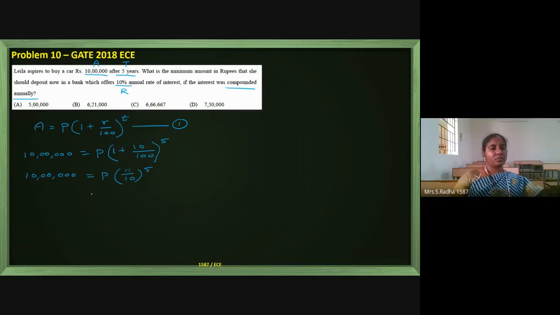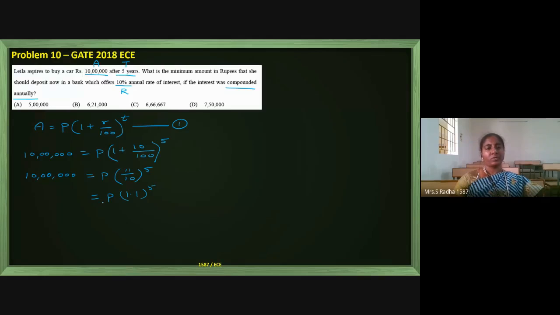And if you still simplify this, in a short way, what can be done? So it is 1.1 whole power 5.